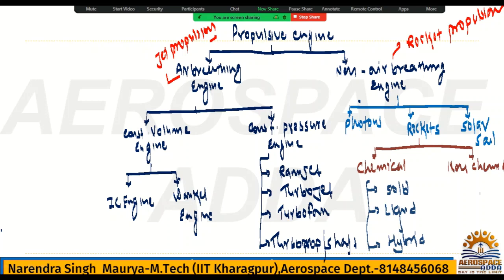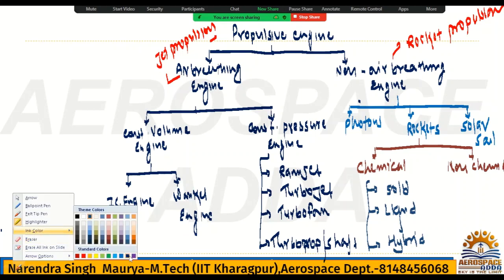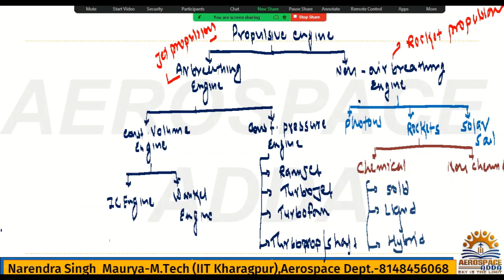And non-chemical, these are electric, nuclear, and solar.